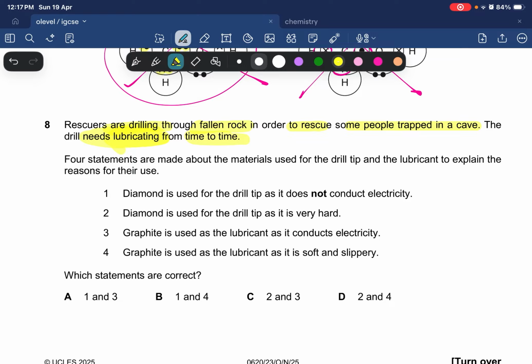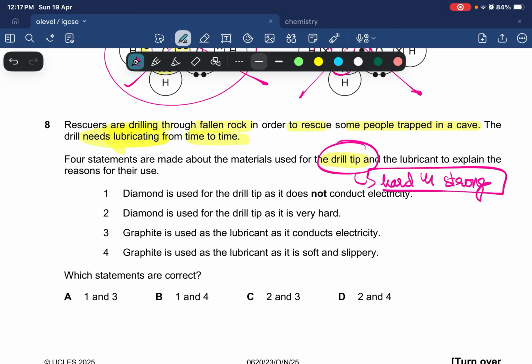Four statements are made about the materials used for the drill tip. The drill tip needs to be hard and strong. Okay, and the lubricant to explain the reasons for their use. Diamond is used for the drill tip as it does not conduct electricity. We don't care about the electricity.